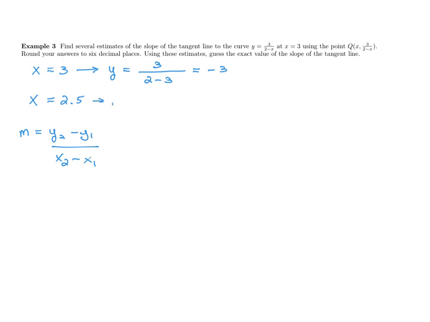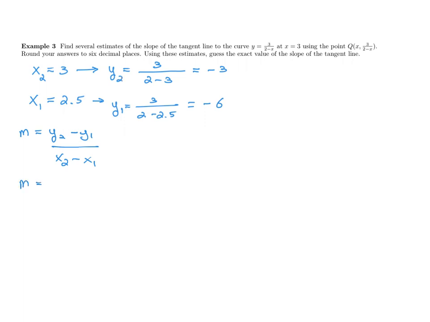And for 2.5, the corresponding y value is 3 over 2 minus 2.5. That's negative a half in the denominator, so this is going to be equal to negative 6. It doesn't matter how you order these points, but maybe I'll call this x1 and this y1, therefore this is x2 and this is y2.